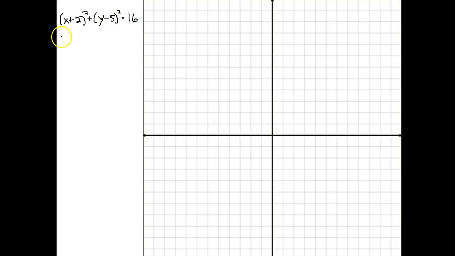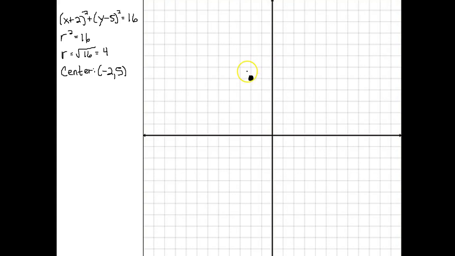Okay, so r squared is 16, which means r has to be the square root of 16, or 4. And then the center, taking the opposite signs of what you see here, is going to be (-2, 5). Right there.